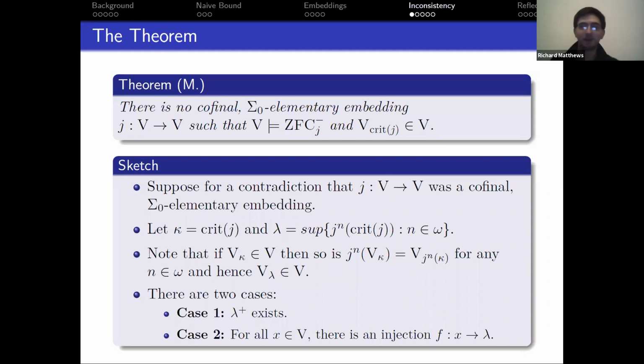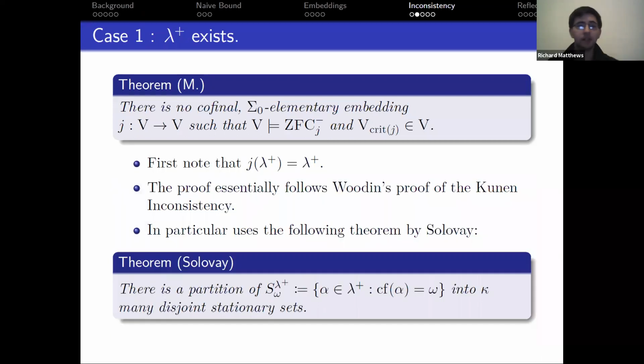And if lambda plus doesn't exist, well, because every set is well ordered, this means that for each x in V, there is some injection f from x into lambda. Okay, so case 1. This is going to be essentially Woodin's proof of the Kunen inconsistency. We just have to be ever so slightly careful at one point to make sure that we've removed the statement of the power set of lambda, which is what happens if you read the proof of the Kunen inconsistency in Kanamori, for example.